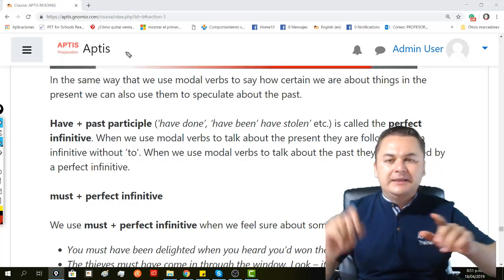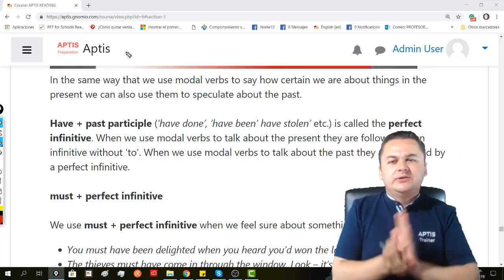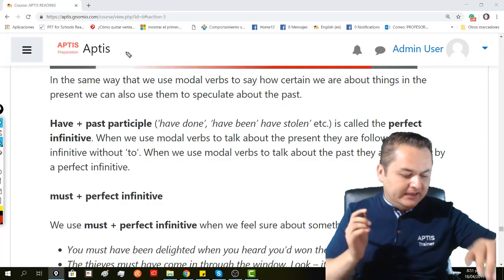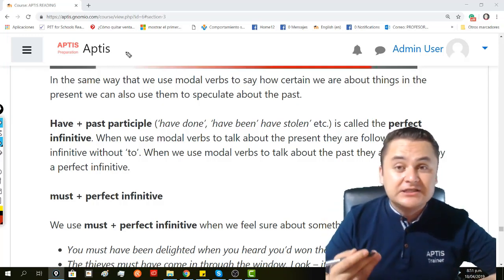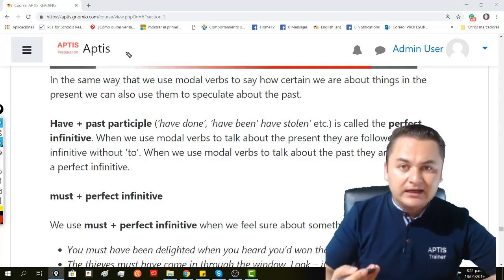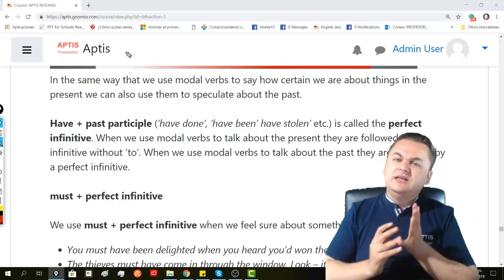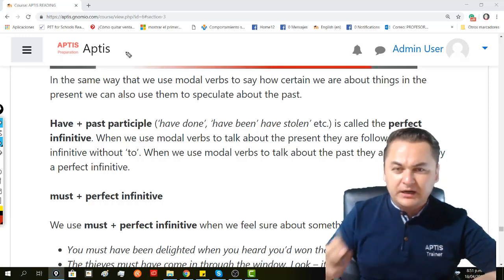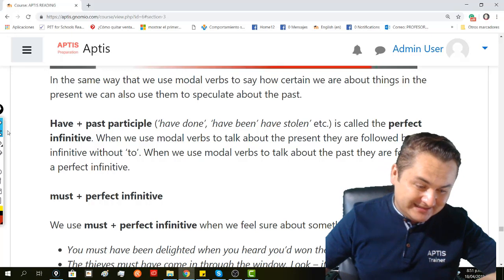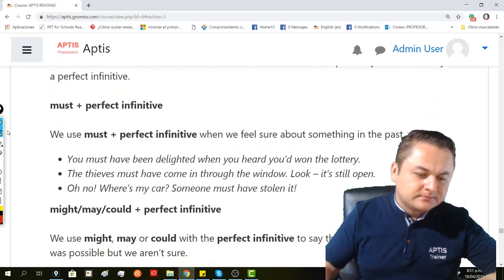So it is going to be like could have, should have, would have, and after adding the verb to have, I need to add another verb that ends in ed or its past participle form. So let's see how that sounds.